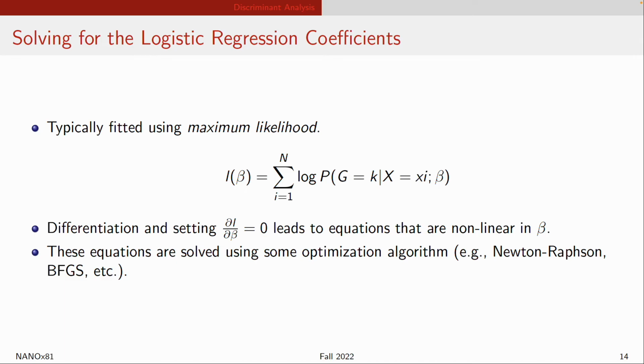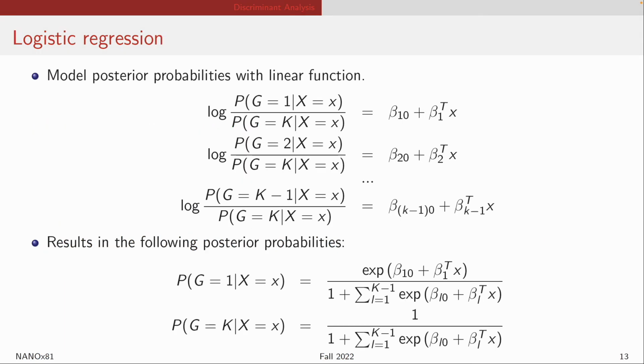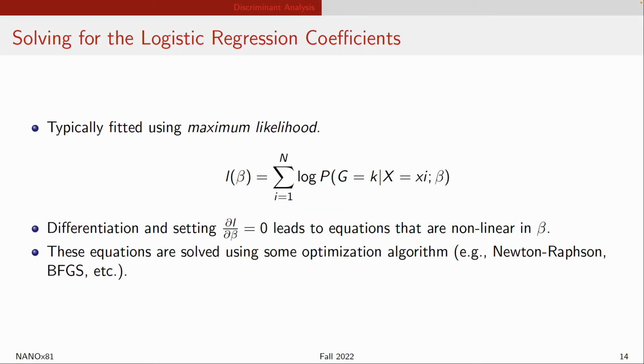Basically, in order for us to do logistic regression, what we need to solve for are all these coefficients, beta 1 naught, beta 1, beta 2 naught, beta 2, and so on and so forth, okay? To solve for all these coefficients, we use what is called a maximum likelihood technique. We define the likelihood of the coefficients beta as the sum of all the log of g of k, given that x equals xi, okay?